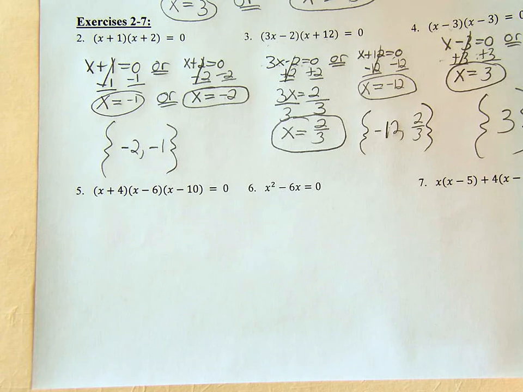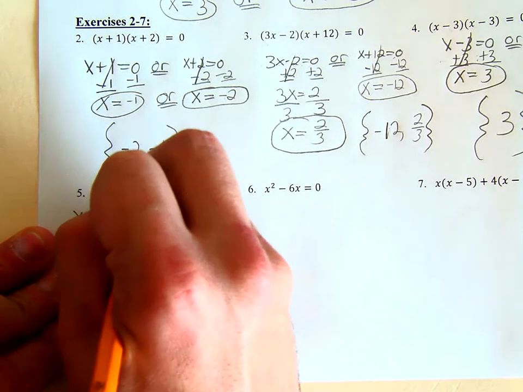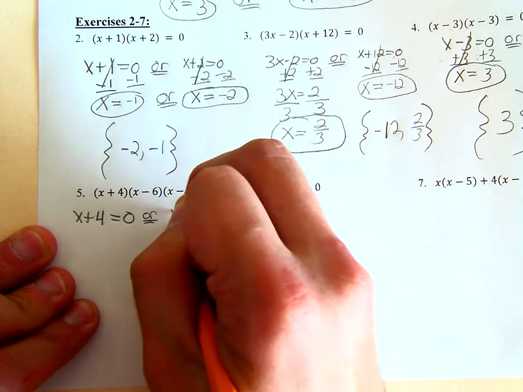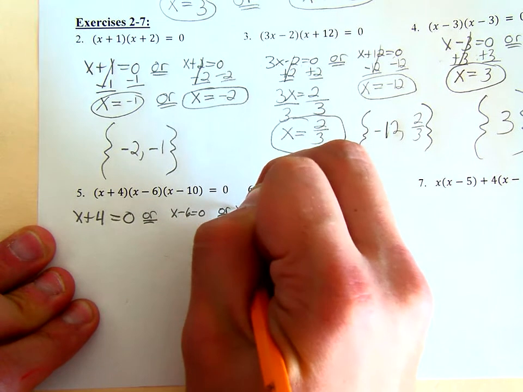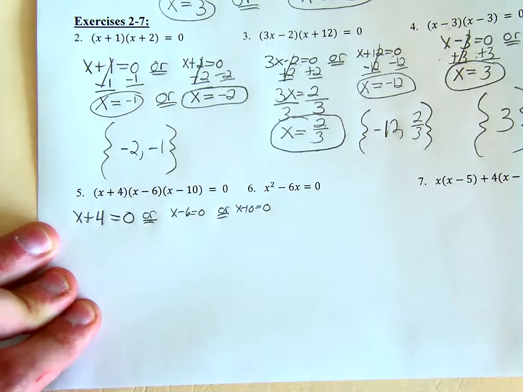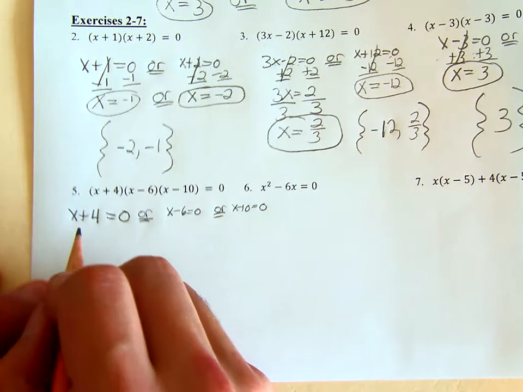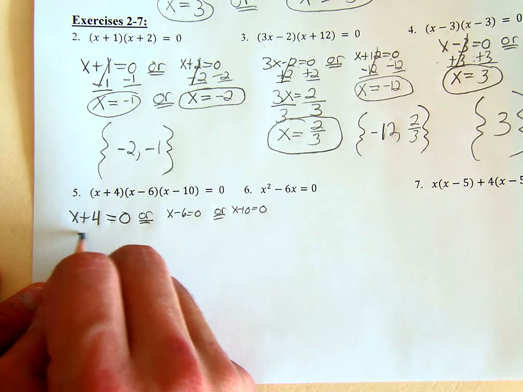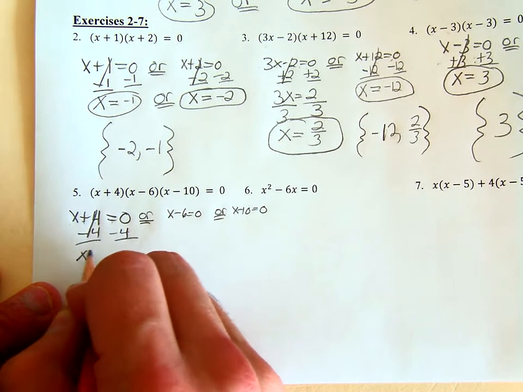So either x plus 4 is equal to 0, or x minus 6 is equal to 0, or x minus 10 is equal to 0. So one of those three things could happen. Now let's solve this first one. X plus 4 is equal to 0. On both sides, let's subtract 4. So we get that x is equal to -4.